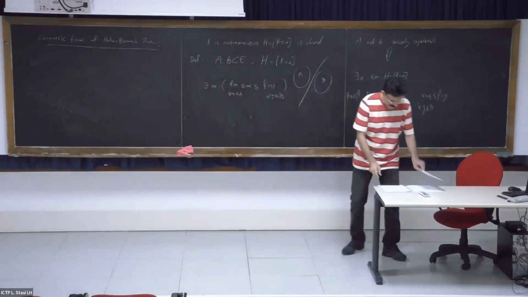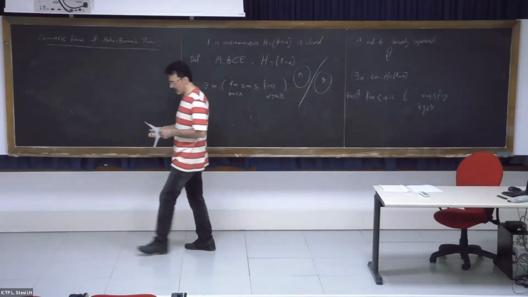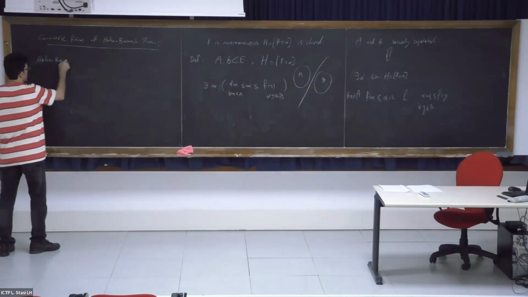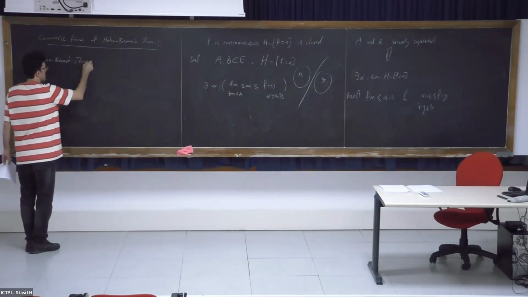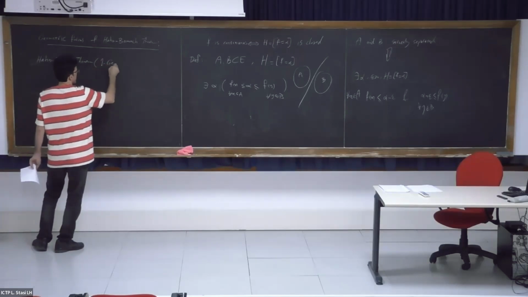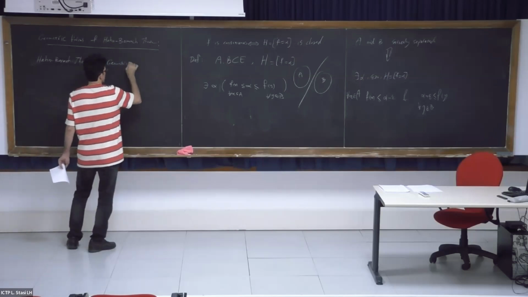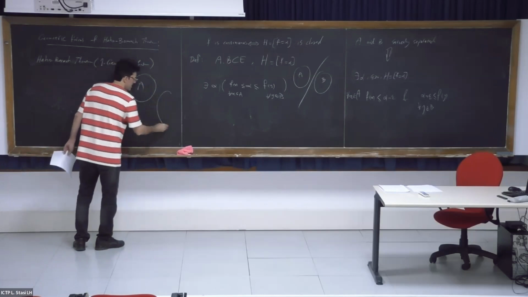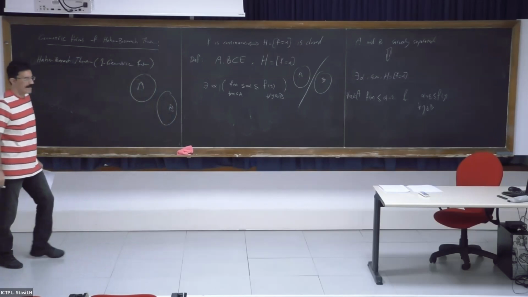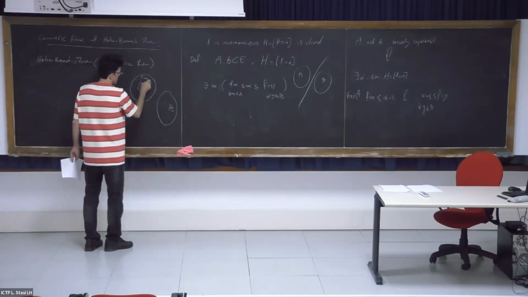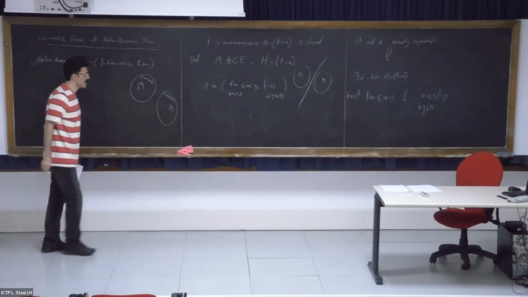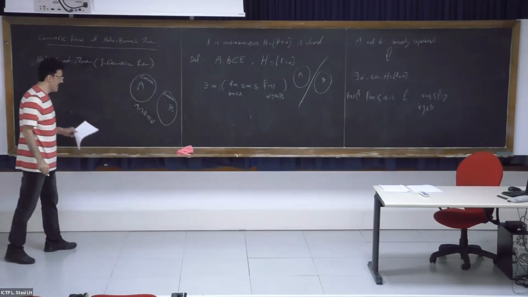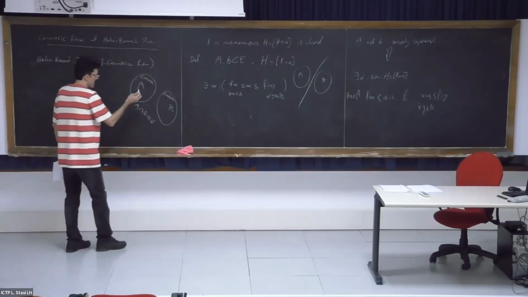We are in the position to state the first geometric form of the Hahn-Banach theorem. Let A and B be two convex subsets of E. So they are both convex, and assume that their intersection is empty, and assume also that one of them is open, for example, A is open.